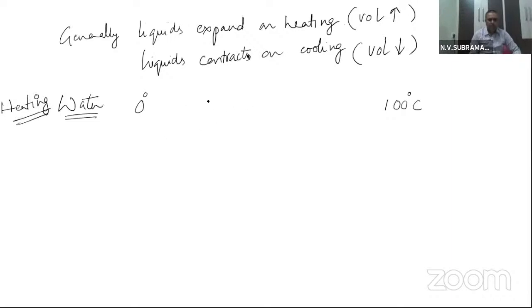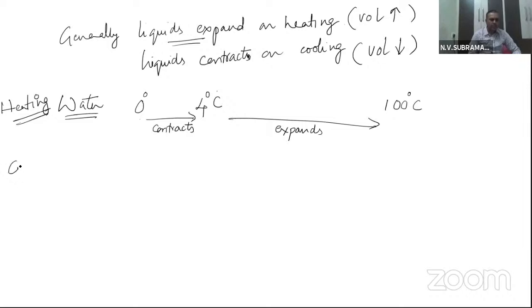What happens to water is 0 to 4 degrees, it contracts actually. And 4 to 100, it expands. That means in the range 4 degrees to 100 degrees, it behaves like all liquids. But 0 to 4 degrees, its behavior is peculiar.